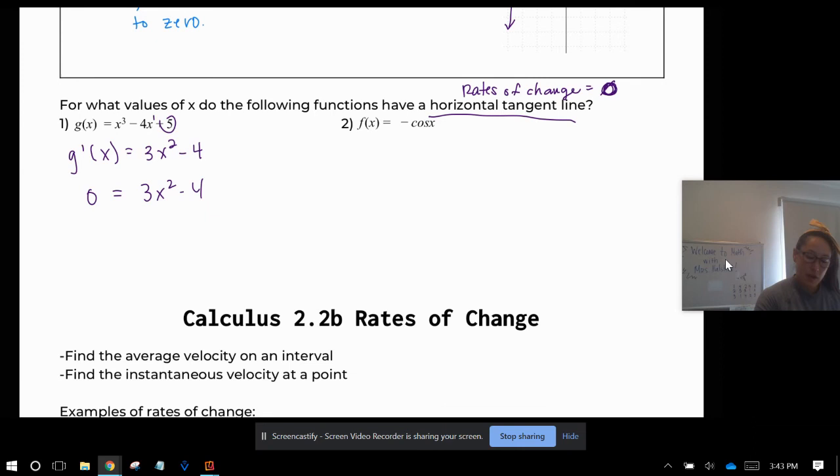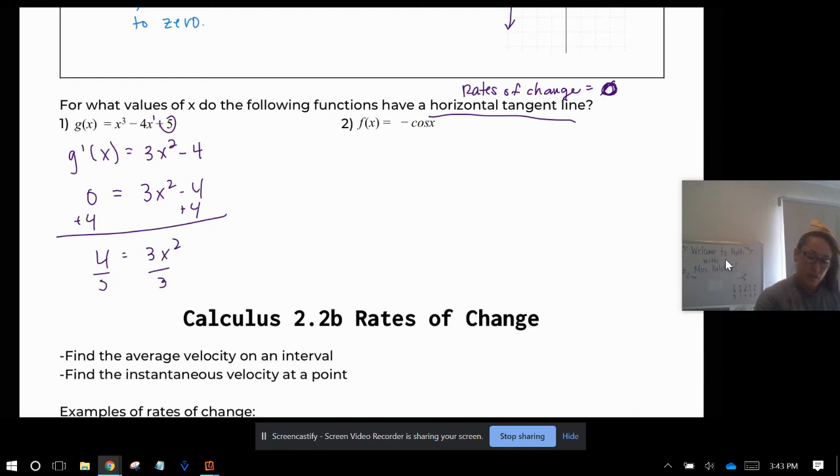Now I'm going to solve for x by adding 4. I get 4 is equal to 3x squared, divided by 3. I get 4 thirds is equal to x squared, square root. x is equal to plus or minus the square root of 4 thirds, or x is equal to plus or minus 2 over root 3, or rationalize.